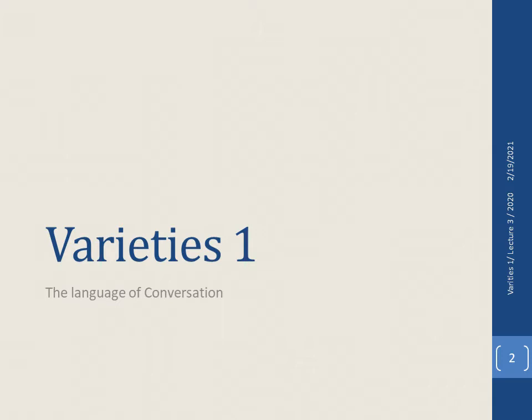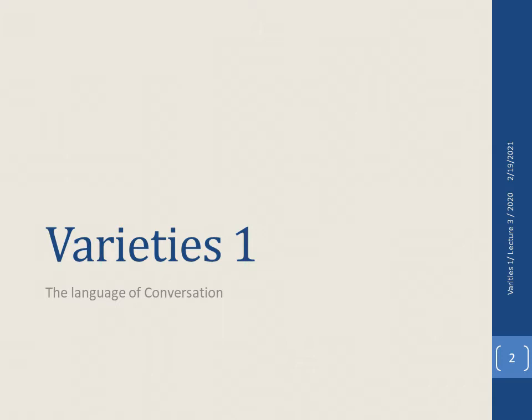All right, so in the previous lecture we talked about some elements of layout in spoken language, and we saw that in contrast to written language, spoken language doesn't have features such as paragraphing.